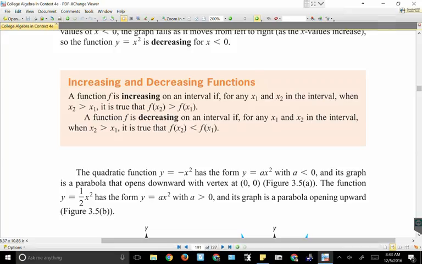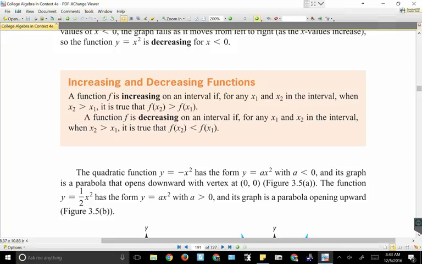They're identifying an interval on the x-axis. x1 could be 0, x2 could be 2. It could be 20. x1 could be 30 and x2 could be 50. That doesn't matter.